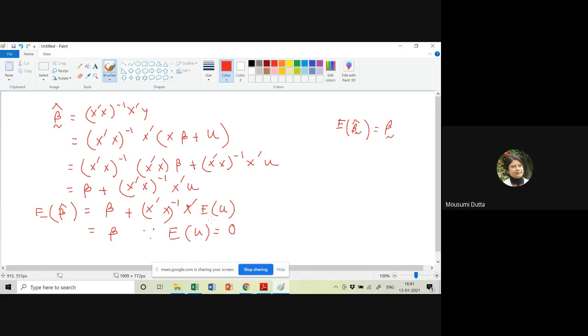The expectation of the u vector is equal to the 0 vector. So we are getting expectation of beta hat is equal to beta, and therefore beta hat OLS is the series of unbiased estimators for the k unknown values of beta.